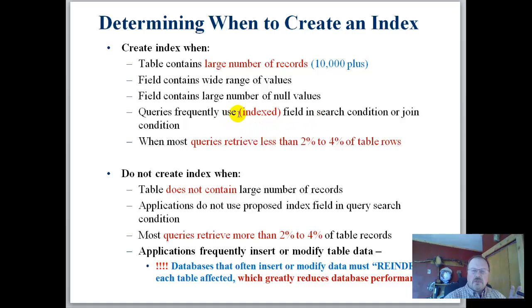So what you do is set up that field that queries frequently use as an index, like CUSER-ID. That's a username for accessing a computer system. If you're searching on that CUSER-ID, sometimes, if you go to certain sites, you can set up the user ID to be your email address.